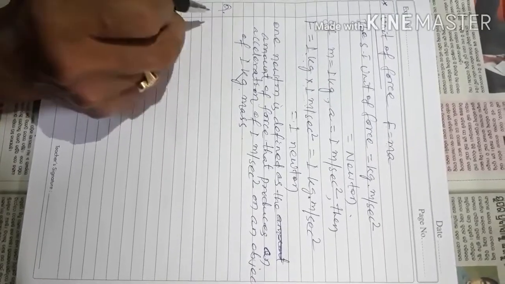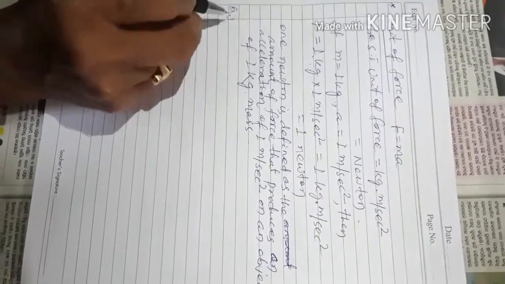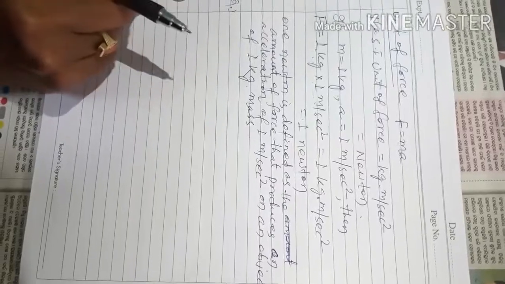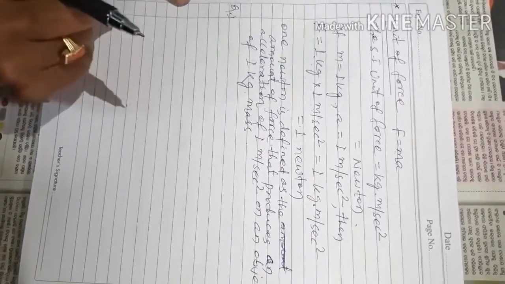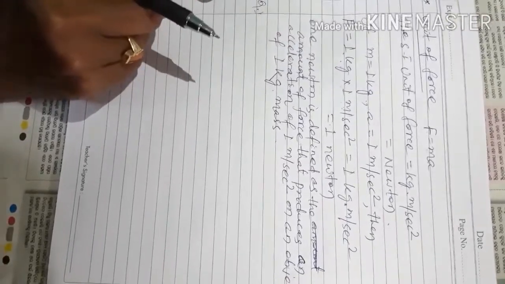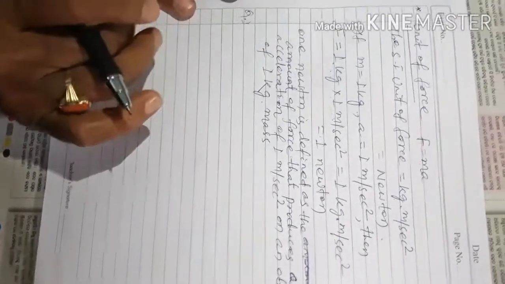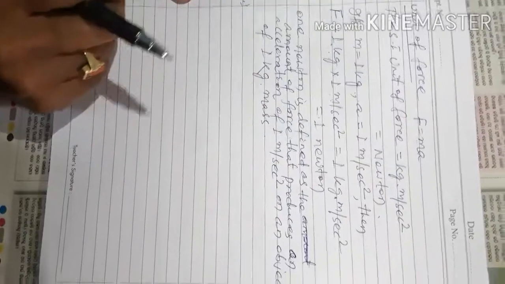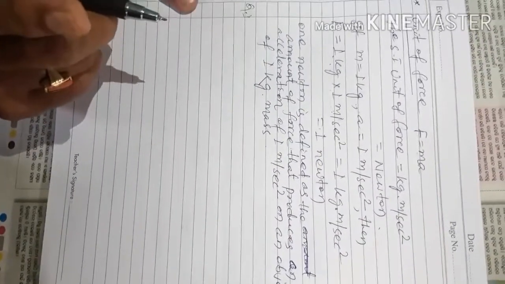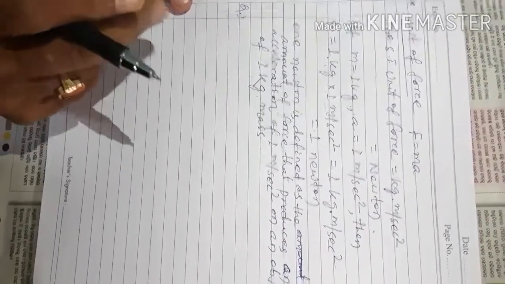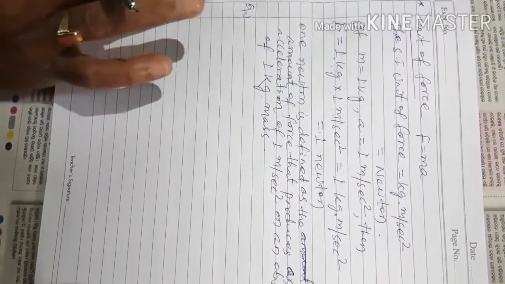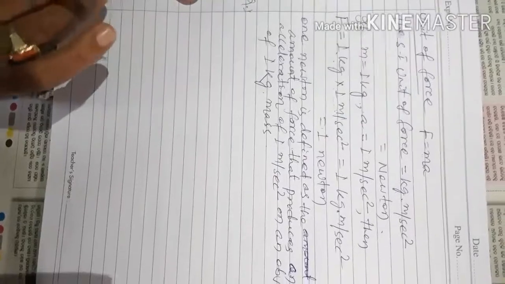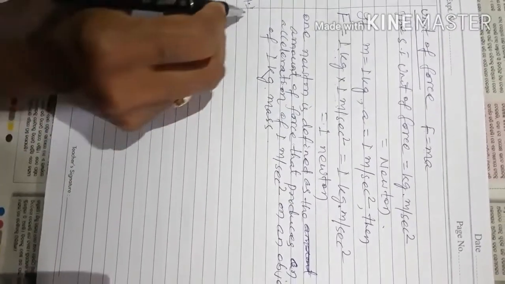A player catching a moving ball moves his hand backward. Why? Suppose a cricket player, before catching the ball, moves his hand backward. Why? So write down the question.